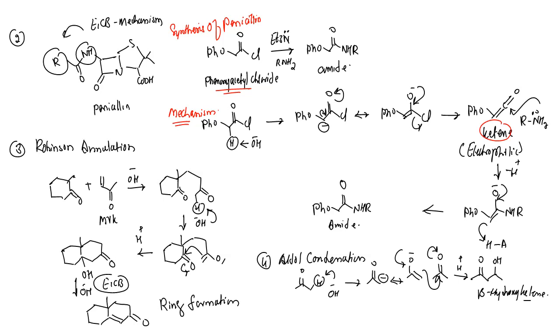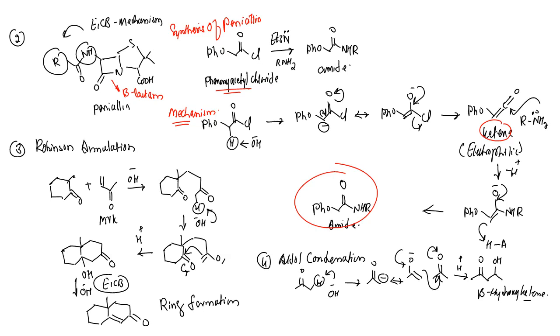This electrophile is attacked by a nucleophile, an amine, for giving a structure, and ultimately we get an amide functionality, and this is a side chain in the penicillin structure, which is linked to a beta lactam ring. This is a beta lactam; cyclic amides are known as lactam. So this side chain is incorporated into penicillin structure through the application of E1cb mechanism.